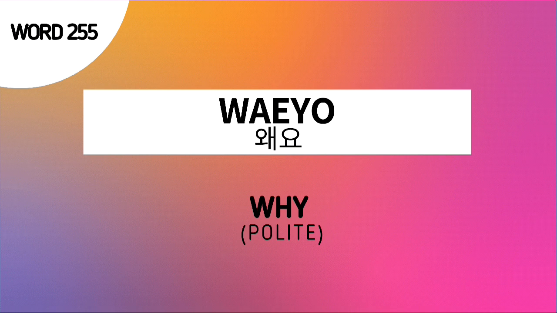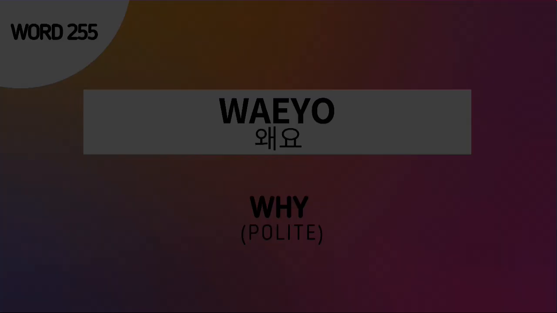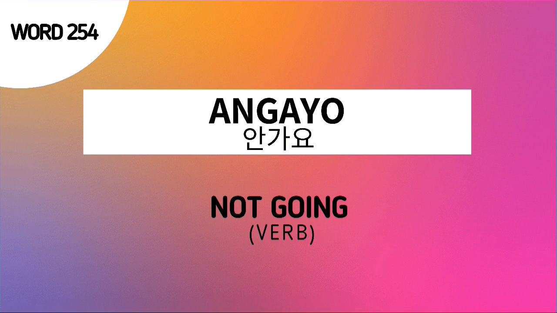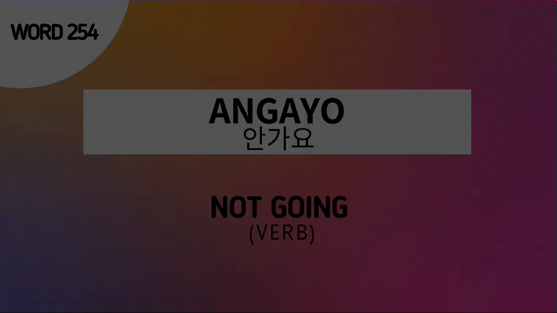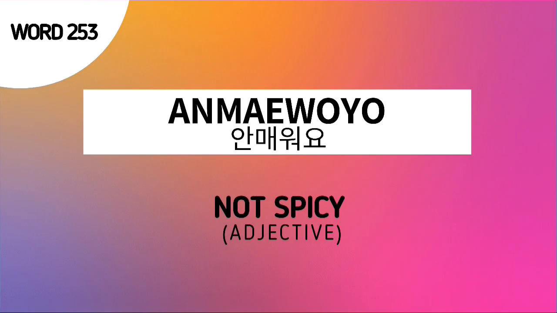Word number 255 is 왜요. This is a polite way of asking why. Word number 254 is 안 가요. This is a verb which means to not go or not going. Word number 253 is 안 매워요, which means not spicy.